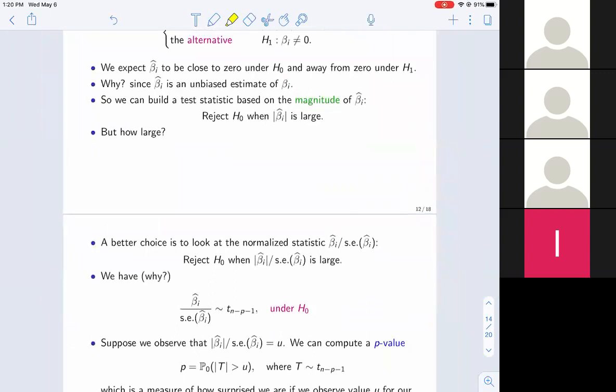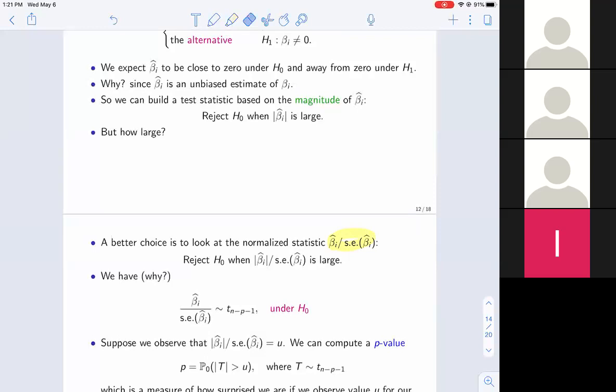The scale of beta hat I would depend on the problem. So a better choice would be to divide by the standard error. The standard error is an estimate of the standard deviation, and so this is sort of a standardization. We know that beta hat I is close to 0, and if we divide by the standard error, which is like the standard deviation, we hope that things are more or less normalized.